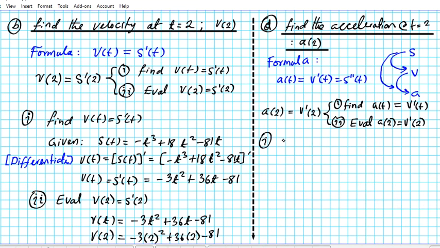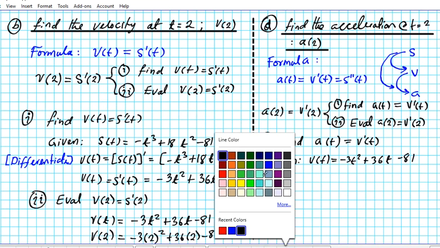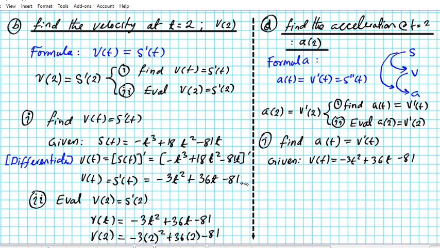So let's do the first part. We want to find the acceleration function. To do that, we're going to differentiate the velocity. Given the velocity function v of t, which we found before to be negative 3t squared plus 36t minus 81, we differentiate to find the acceleration, just as we differentiated position to get velocity.